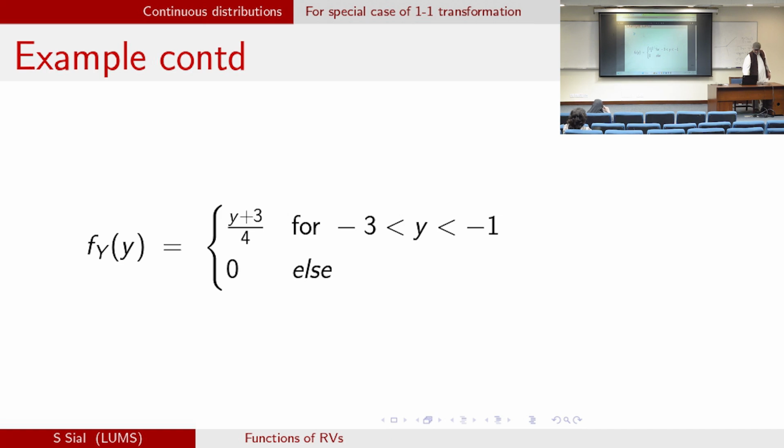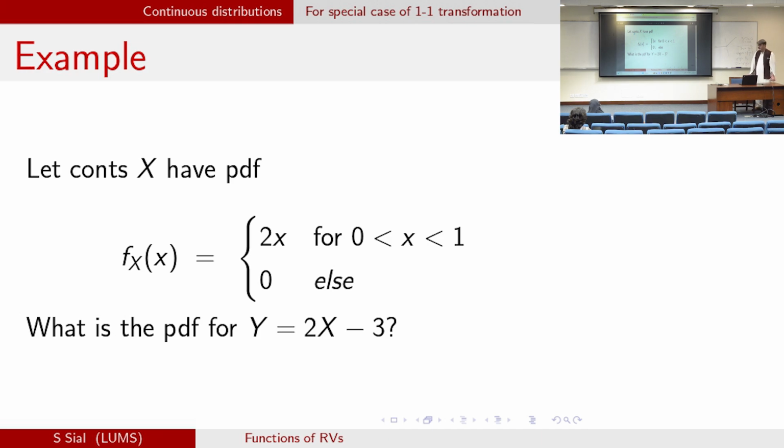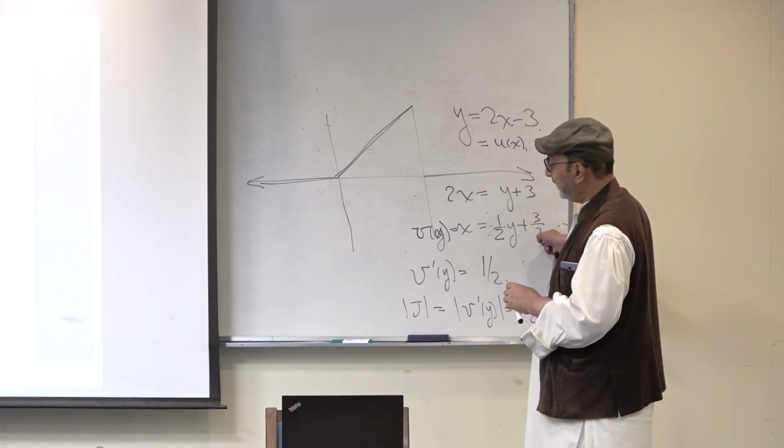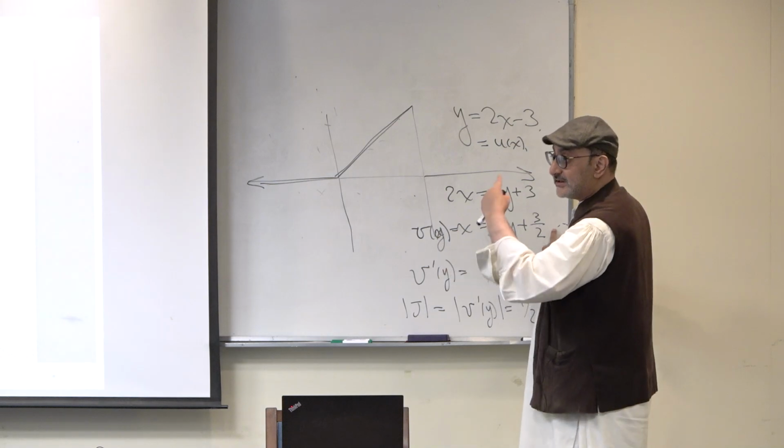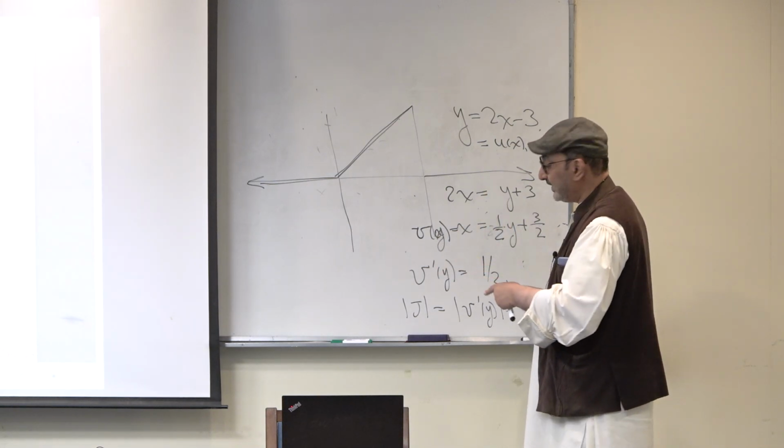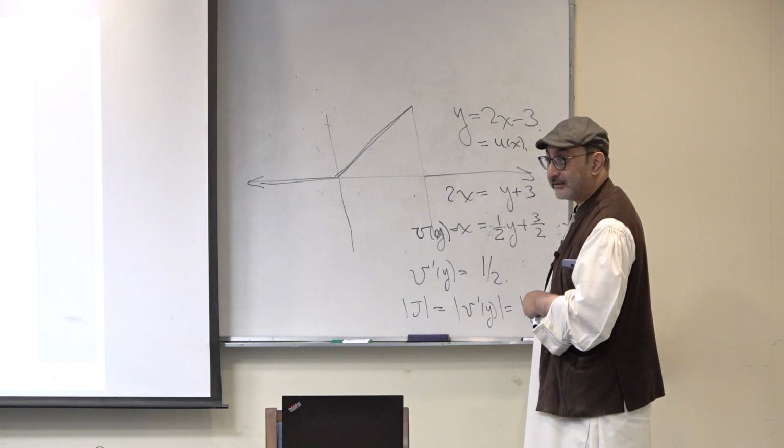Okay. So f sub y of y, 2x, in terms of y, it's y plus 3. Okay? X is replaced by 1/2 y plus 3/2 times the 1/2 you got from the Jacobian. Right?